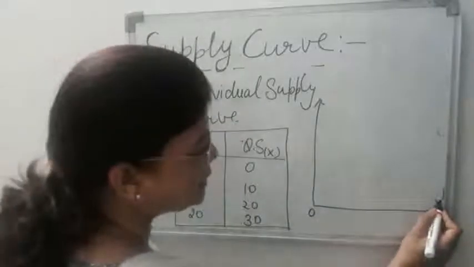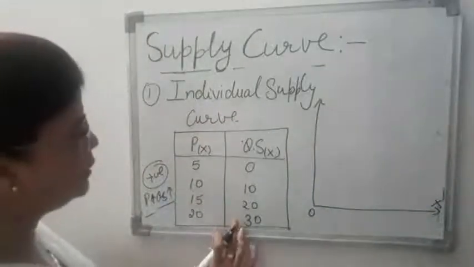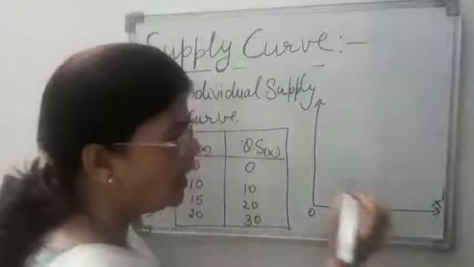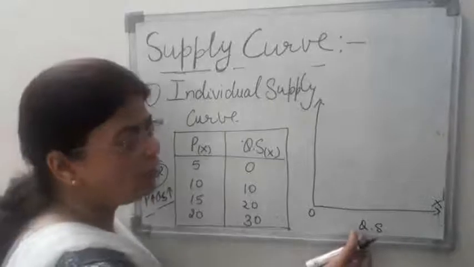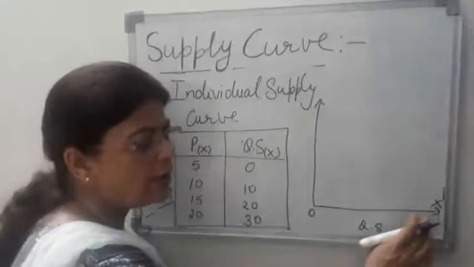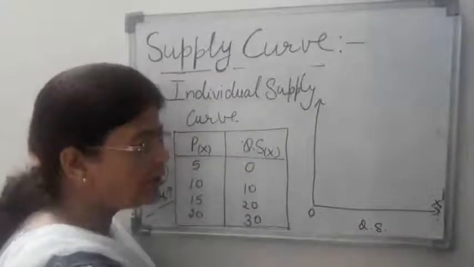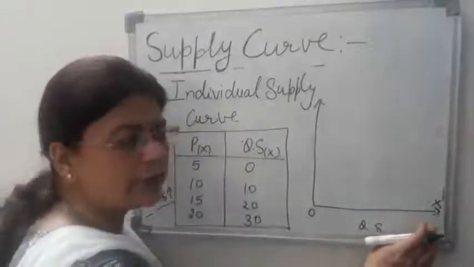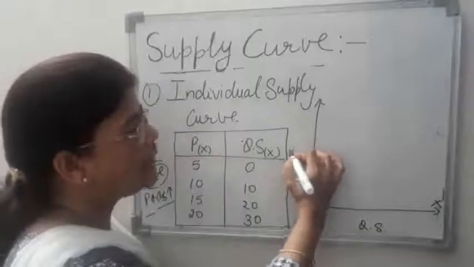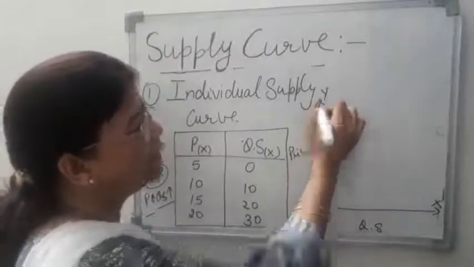On x-axis we are taking the quantity supplied. As in the theory of demand, we have taken quantity demanded on the x-axis. Similarly, in theory of supply, we are taking quantity supplied on the x-axis and price on the y-axis.